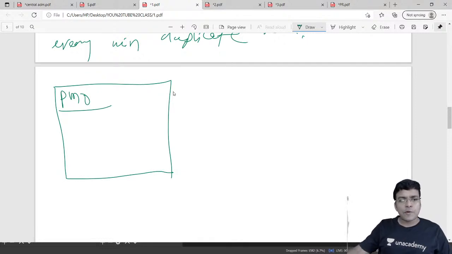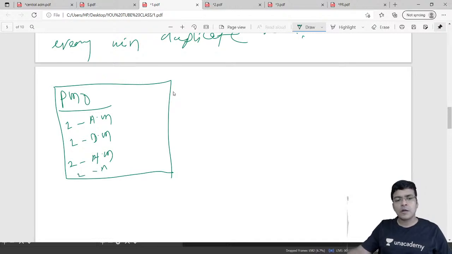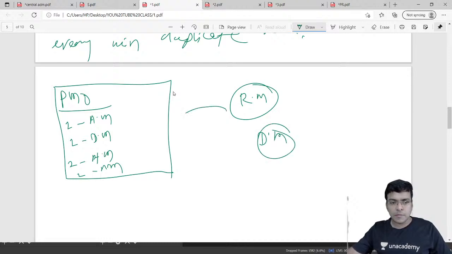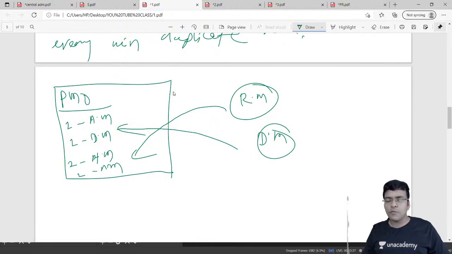In PMO, you find two people dealing with the agriculture ministry, two people with the defense ministry, two people with the home ministry, two people with the railway ministry. So any work that happens in the railway ministry, anything that happens in the defense ministry, the PM is aware. So no file can pass by the railway ministry without the concern of PMO.